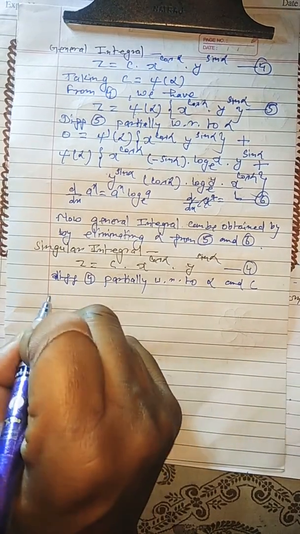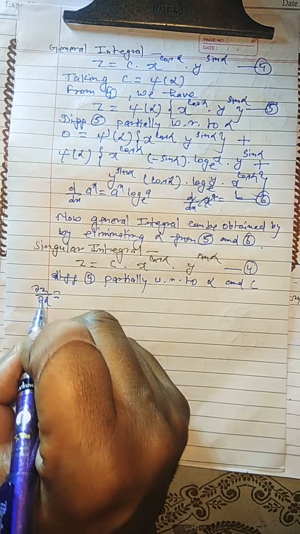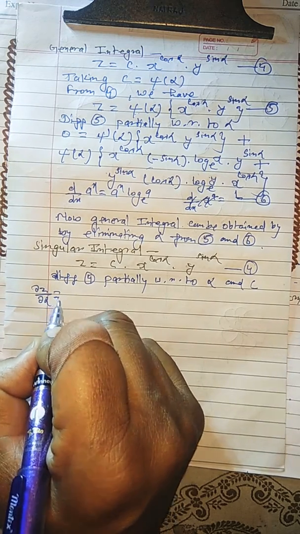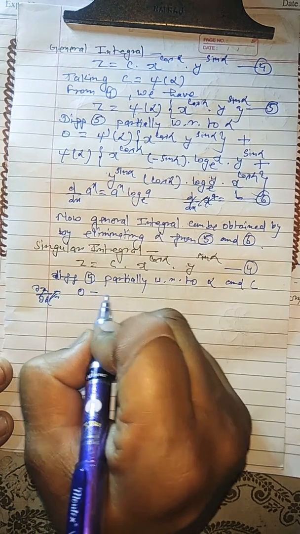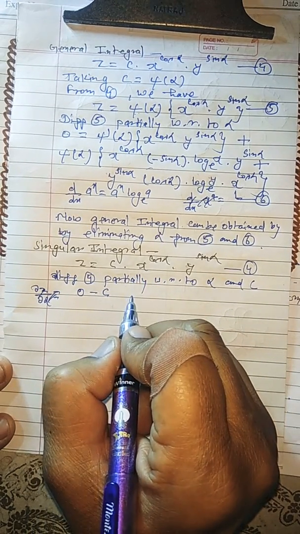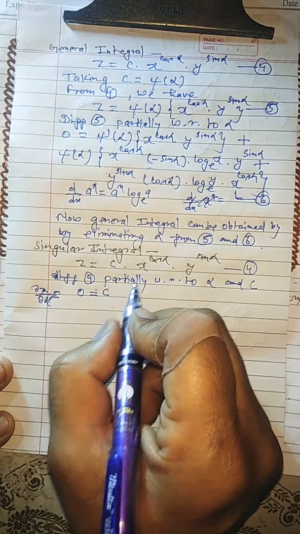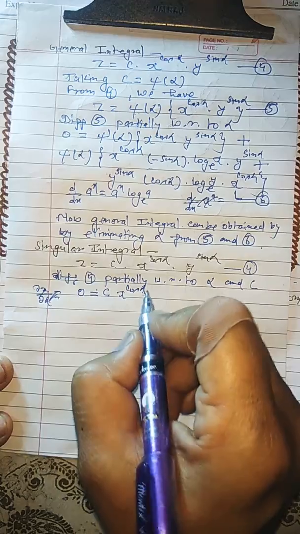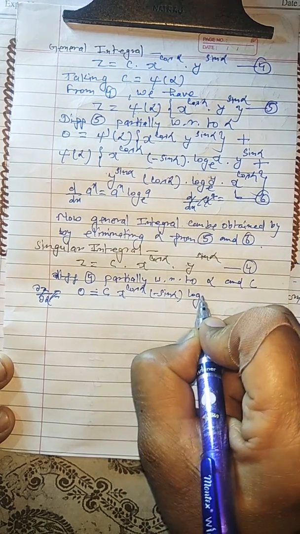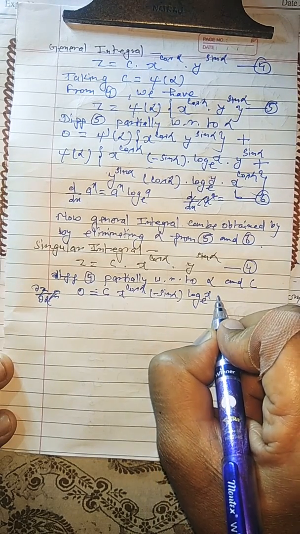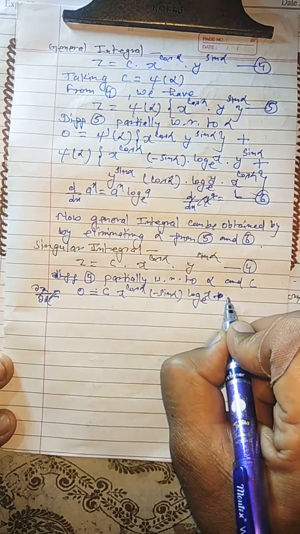Now when we differentiate 4 partially with respect to alpha, we get del z upon del alpha, that is 0, is equal to minus c into x to the power cos alpha, minus sin alpha, log x to the base e, plus, and second term as it is, that is y to the power sin alpha.